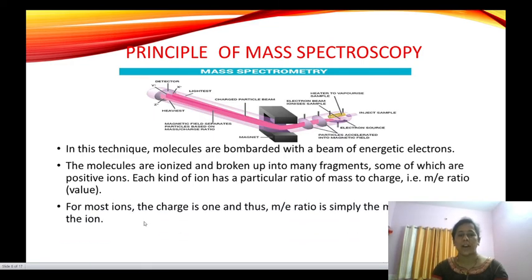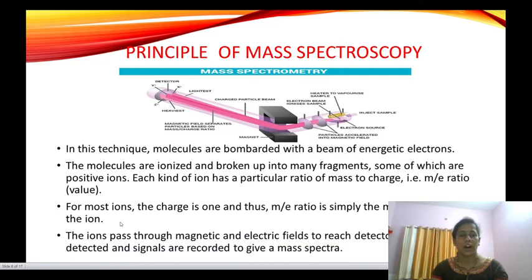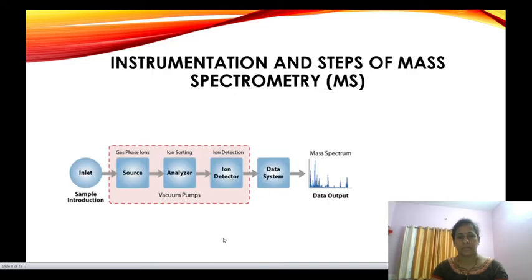For most of the ions, charge is 1 and thus the m/e ratio is simply the molecular mass of the ion. Now the ions are passed through electric and magnetic fields to reach the detector where they are detected and signals are recorded to give the mass spectra.